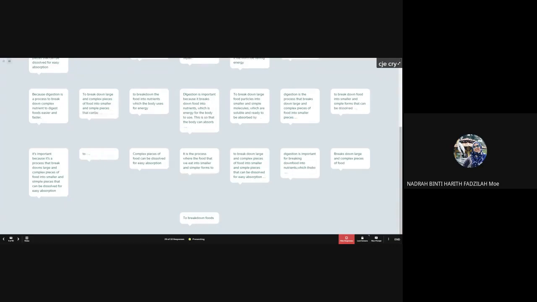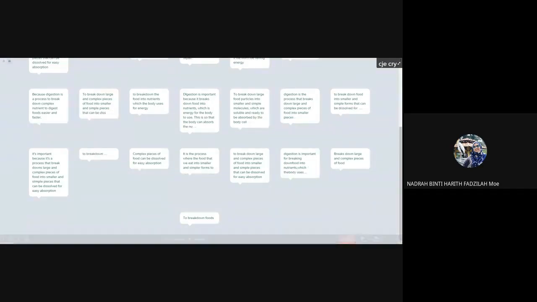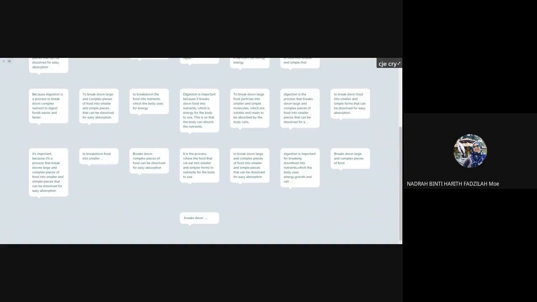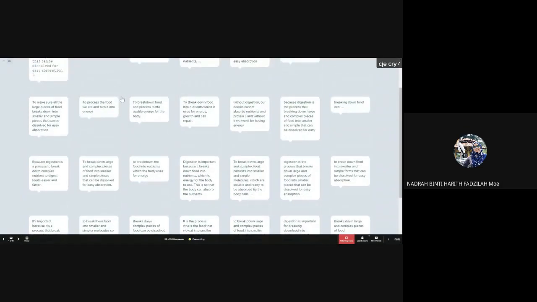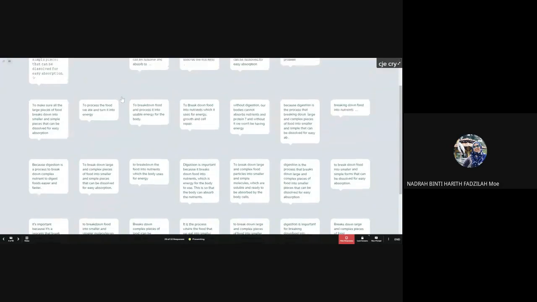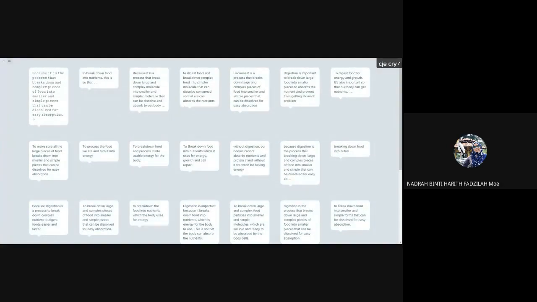So digestion is basically a process that breaks down large and complex molecules inside our food into smaller and simpler molecules that can be dissolved and absorbed into our bodies so that we can assimilate, we can use these substances to provide energy, to build various biological structures in our body and so on and so forth lah.